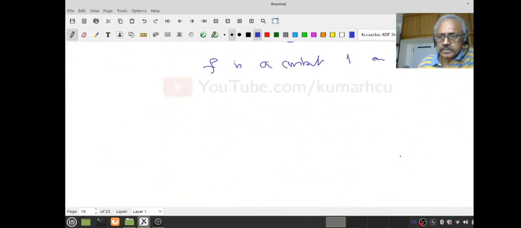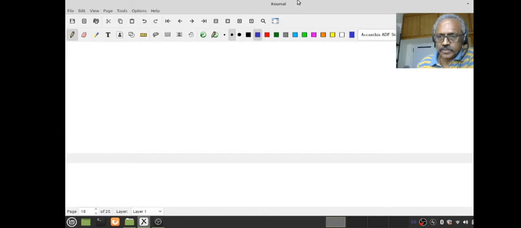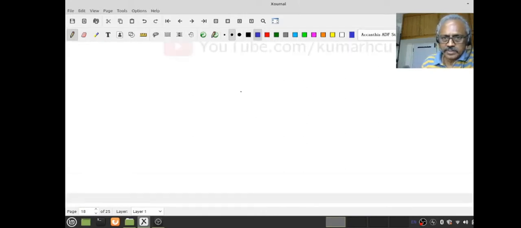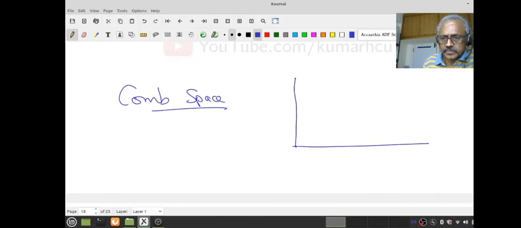Therefore a special case is the following. Something similar is what is called the comb space. What is that? Exactly the same thing. At each 1/n, you look at this line.